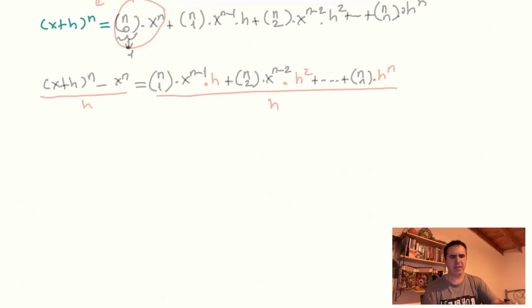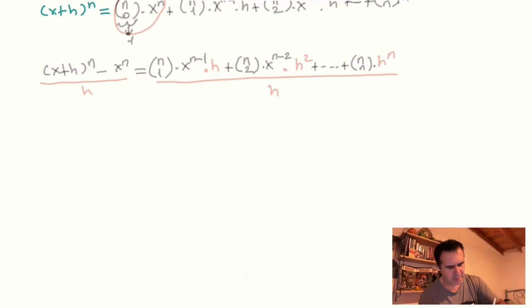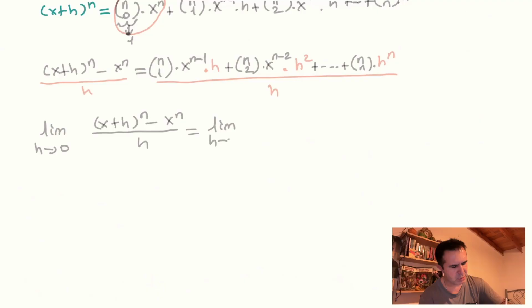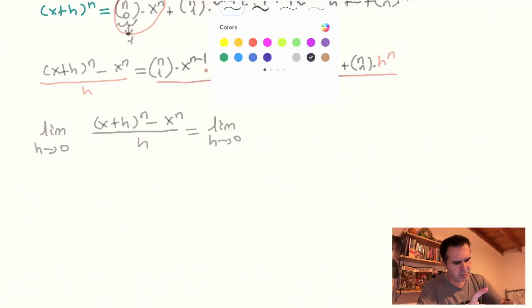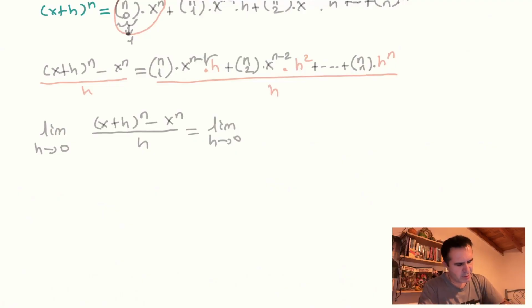And we will take the limit now. Limit as h goes to 0 of (x plus h) to the power of n minus x to the n over h equals the limit as h goes to 0 of, look at the right side, you see this h will go.